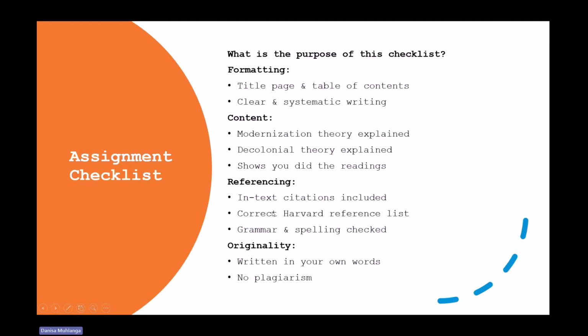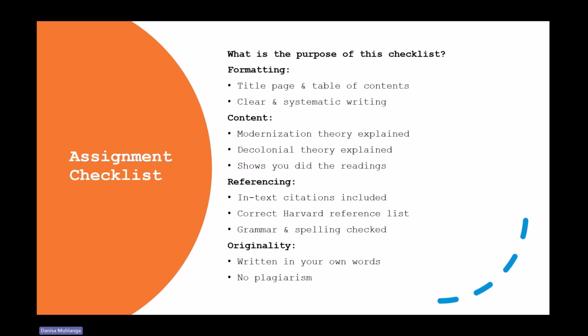Did I include the title page and table of contents? Yes. Was my assignment clear, and my writing also clear and systematic? Yes. So before you submit your assignment, it's a good idea to go through a checklist to ensure you have met all the requirements.